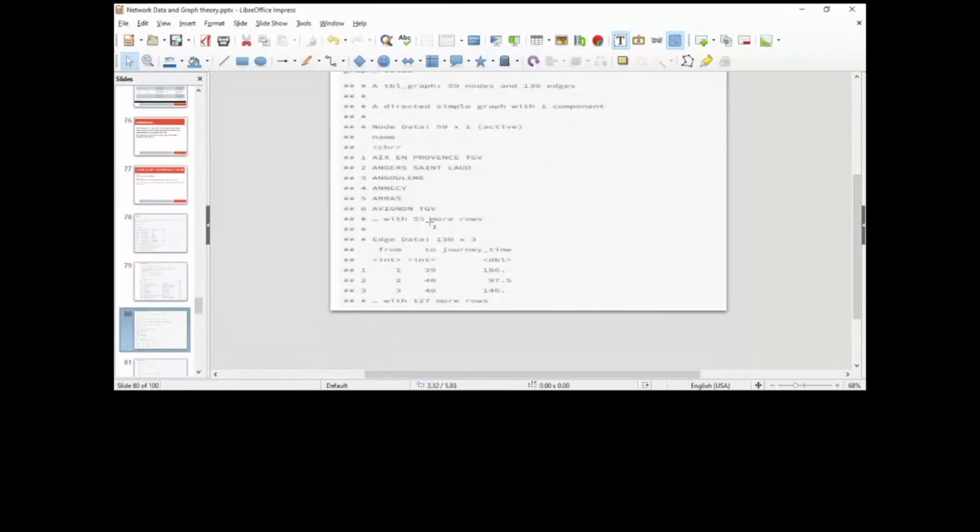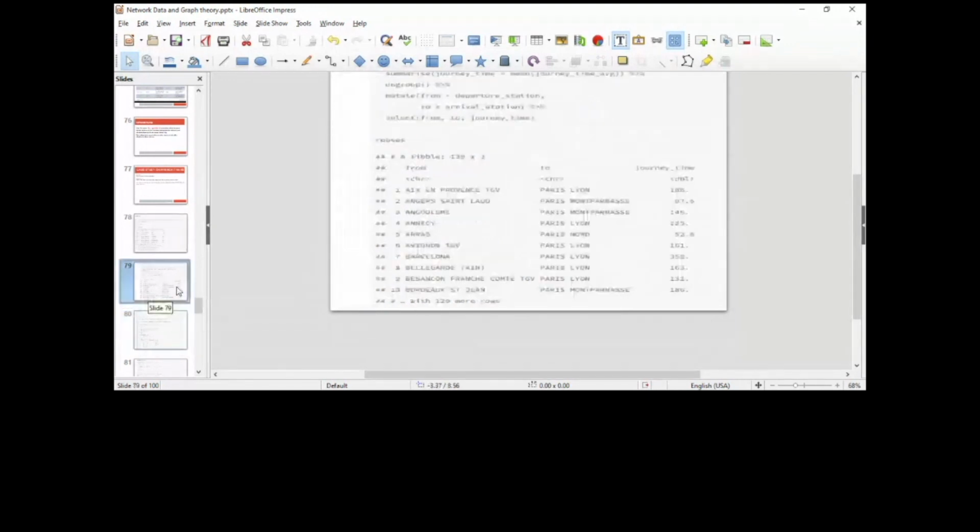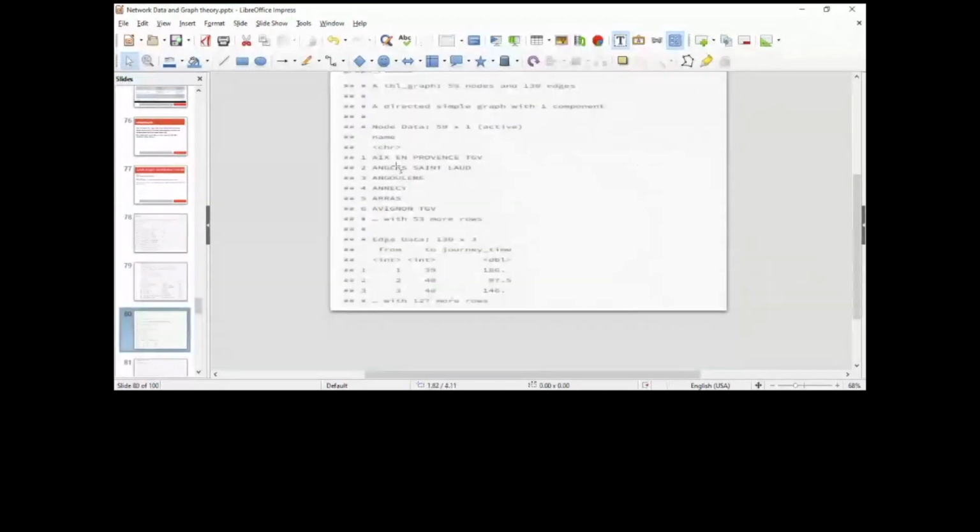There are up to 53 of them. Let me go back to the previous one, so you can see all the numbers here in the station. Now we are creating a relationship between each of these stations, showing how people flow from each of these stations.